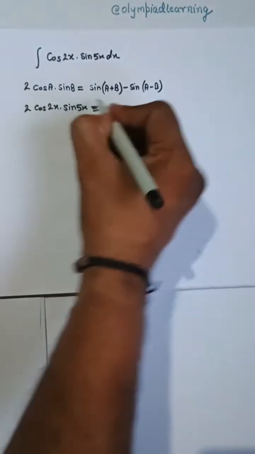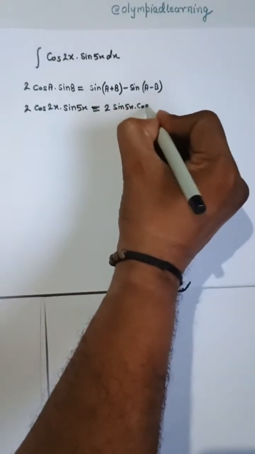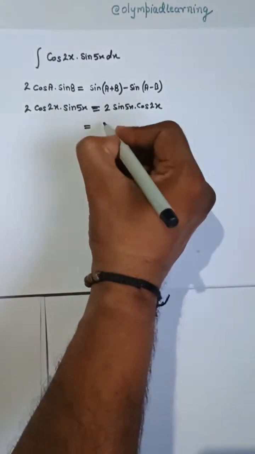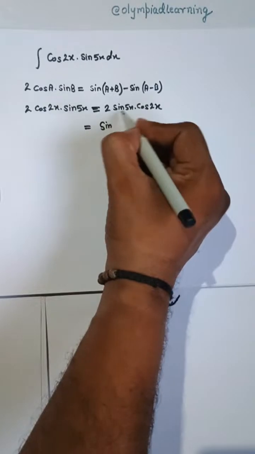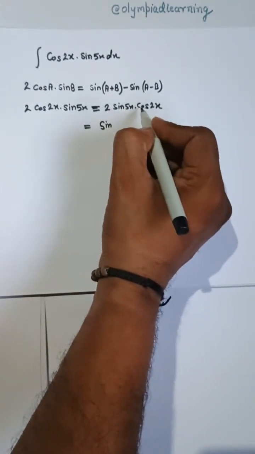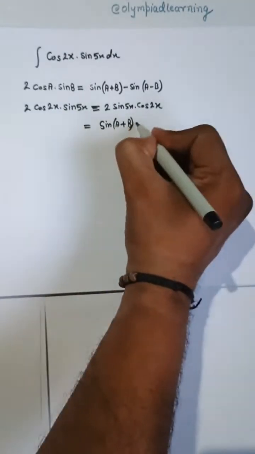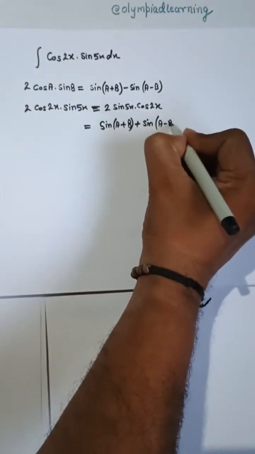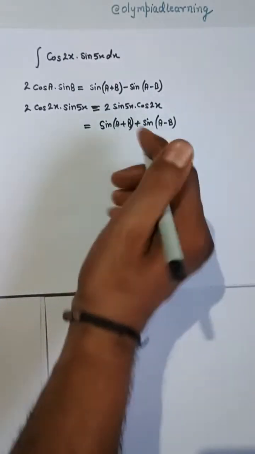I can write 2 sine 5x cos 2x, and this will be sine(A plus B) plus sine(A minus B), because 5x is A and 2x is B. So I have sine(A plus B), and then plus sine(A minus B). This one I'm just going to use over here.